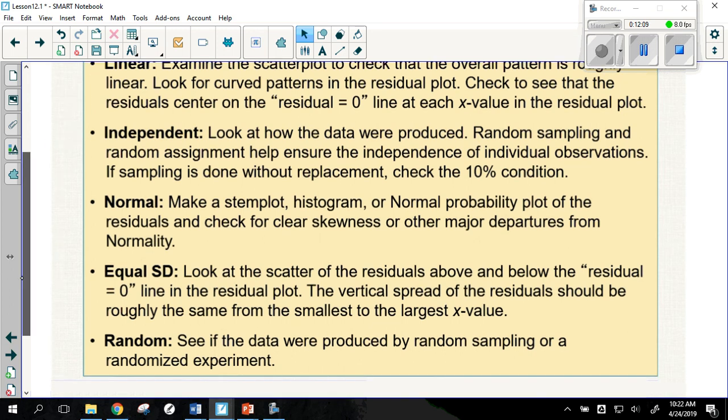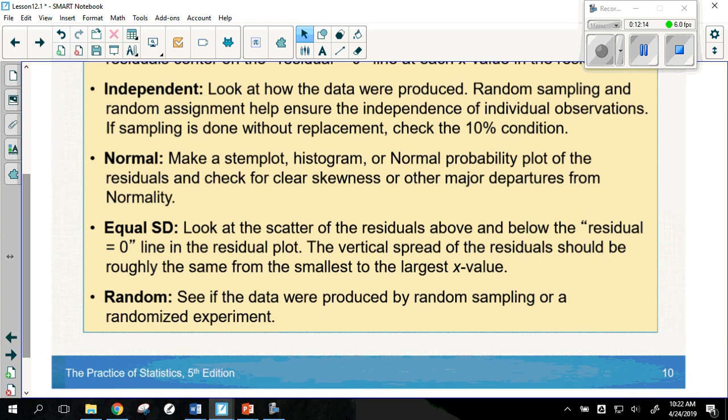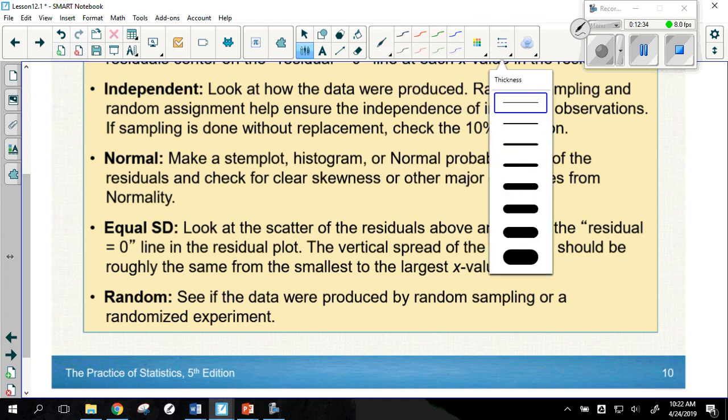We're looking for the equal standard deviation. So we would look at the scatter of the residuals. You can actually look at the actual scatter plot and be able to tell as well. But if you see that your residuals are, I'll draw a picture of this again tomorrow.